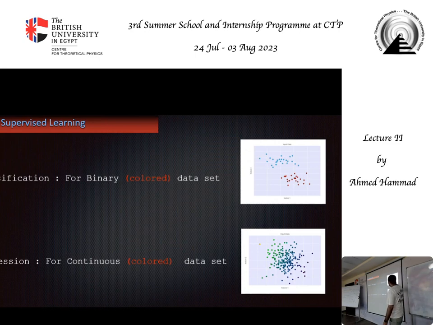If the data can be put in different classes and categories, the problem is called a classification problem. If I have a continuous data set, it is called a regression problem. That's the difference, and in this talk we will focus on the regression problem.